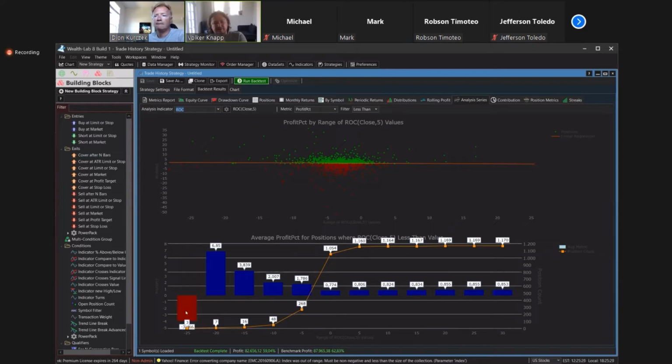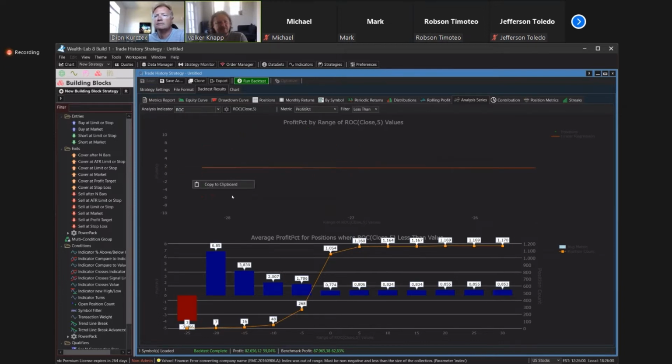Yeah, this is basically taking all the trades on the left. This one is saying the rate of change of the last 5 days is below -25, where we only had 3 trades, and I cannot see the number here by myself, but it's -3 point something. Those were the 2 trades, I guess. I can zoom in.